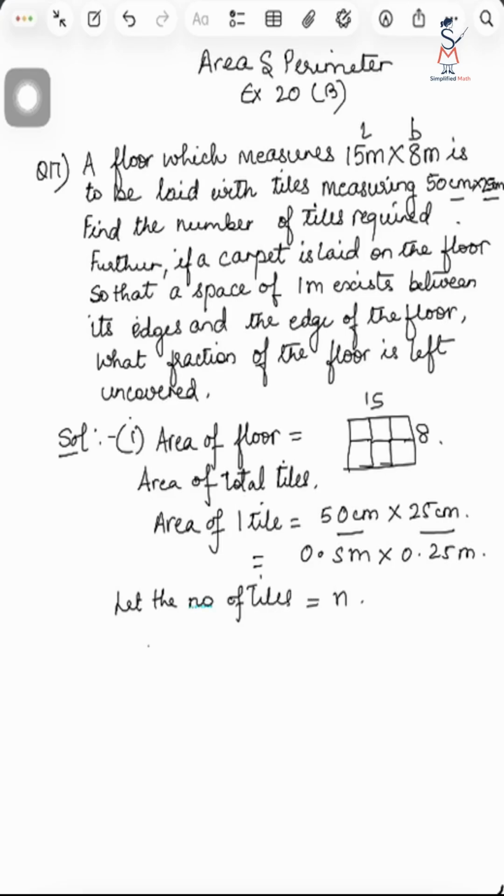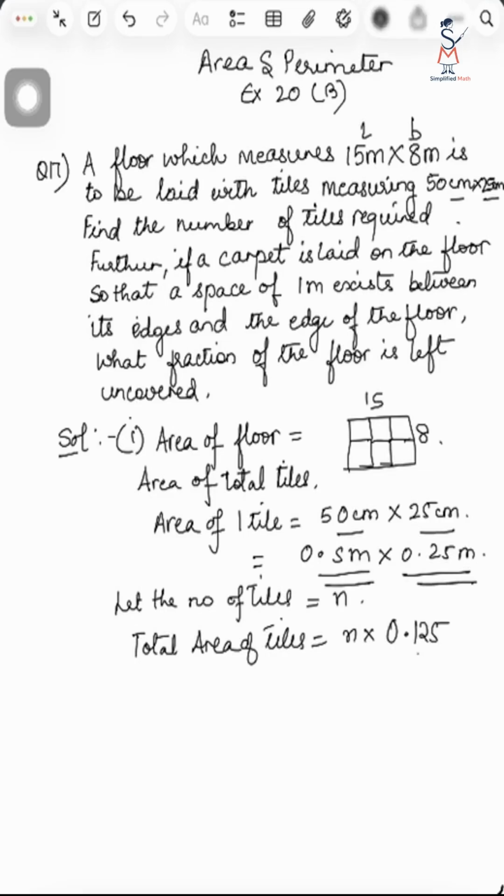Fine. So total area of all the tiles will be n into 0.5 into 0.25. That is 0.125 n meter square. This is the total area of all the tiles.